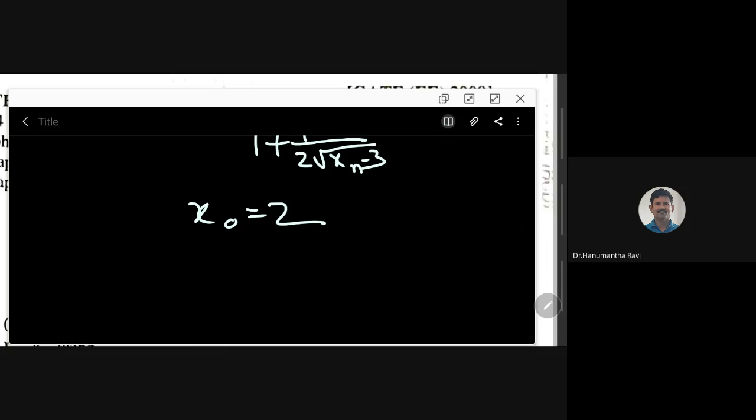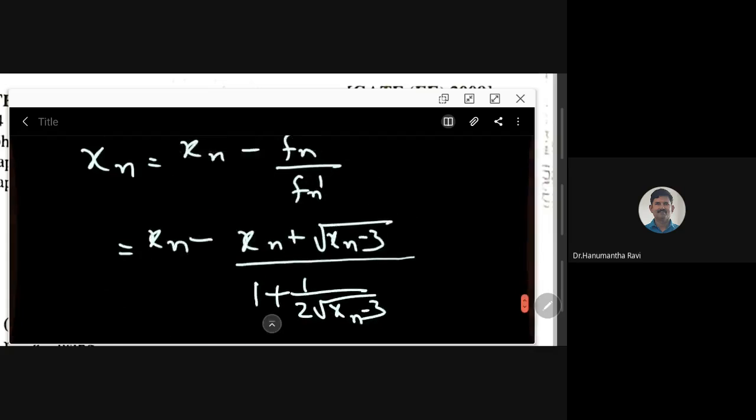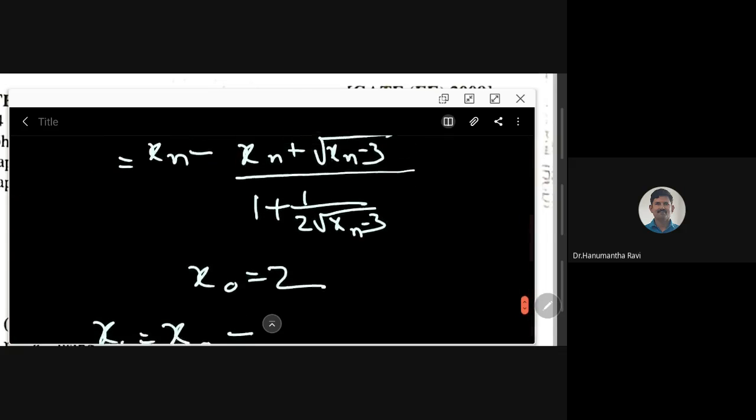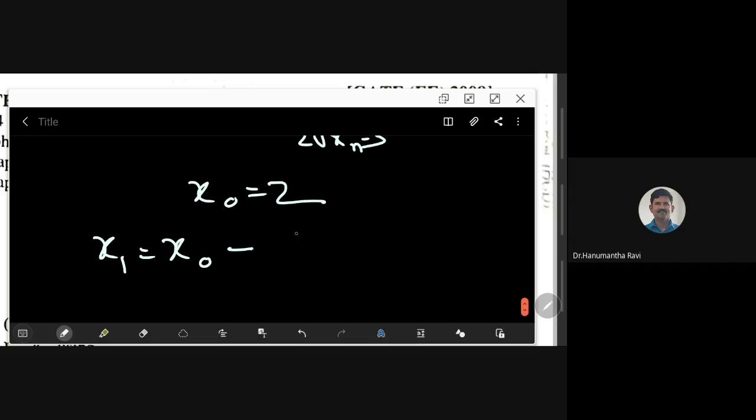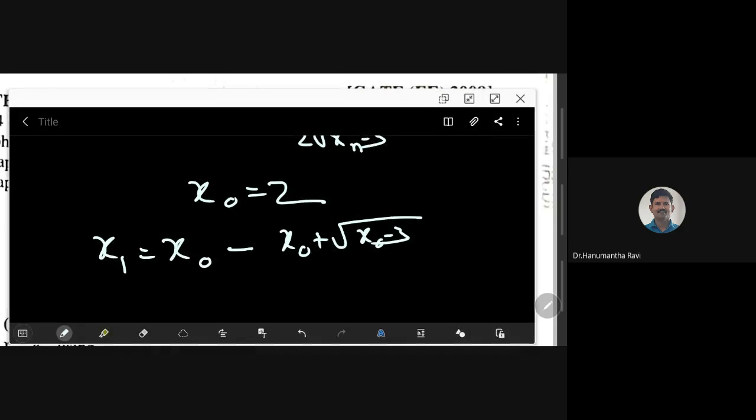Then we want to write what is x1. x1 is x0 minus, we will rewrite, x0 plus square root of x0 minus 3, by 1 plus 1 by 2 root of x0 minus 3.